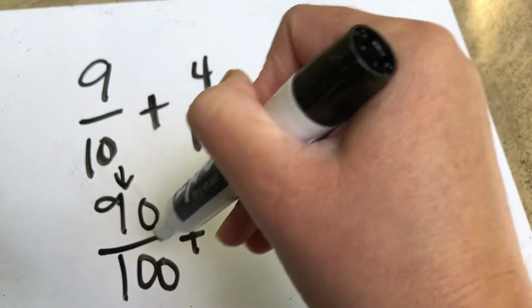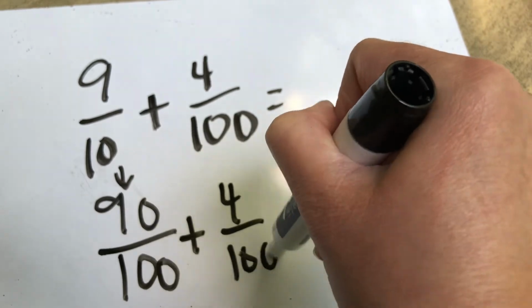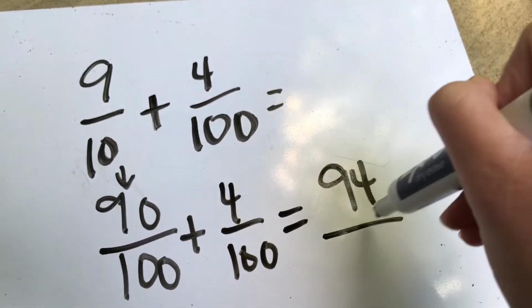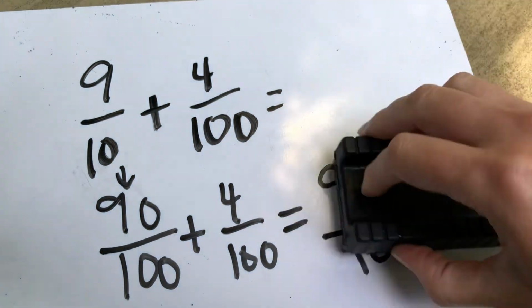Plus, since we have the 100 as a denominator, we can just add. So 90 plus 4 equals 94 100. So of that flat that is 100, how many are going to be shaded in? 94. How many are going to be left over? 6 100ths. Okay.